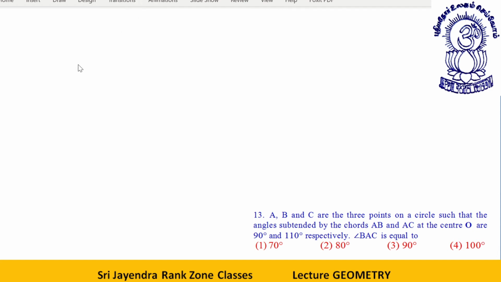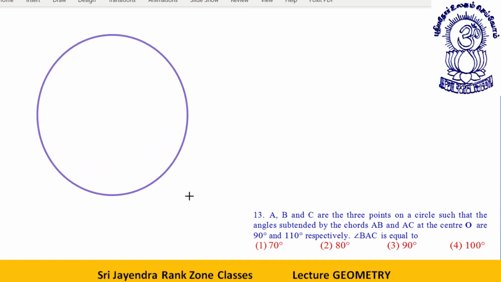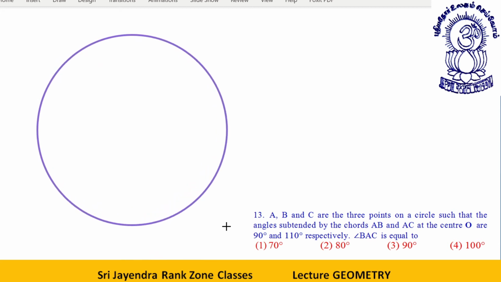First, let me draw a circle. Suppose this is the center. Angle subtended by the chord AB at the center. This is AB.